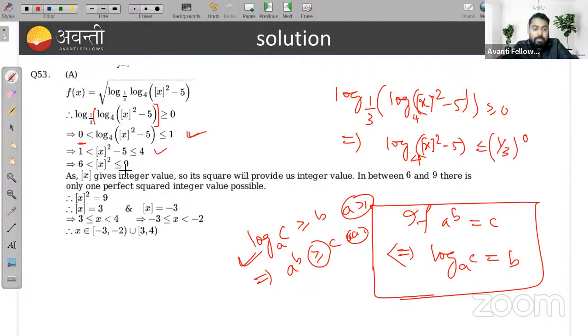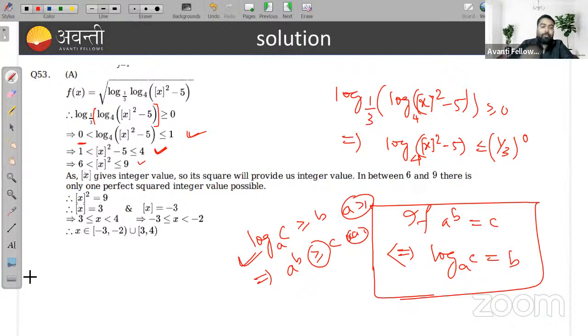It is clear now. See, if we add positive 5 to all of the terms of this inequality, then what will happen? 5 plus 1 is 6, and minus 5 plus 5 will be 0. That means we'll have box x square is less than or equal to 4 plus 5, that is 9.